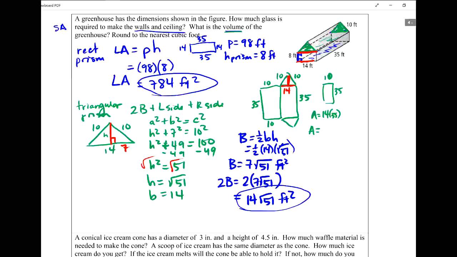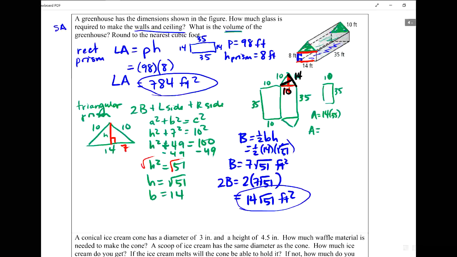By 35. We've got a problem in our drawing here. This side is 14. This is 10, which makes our base go that way.